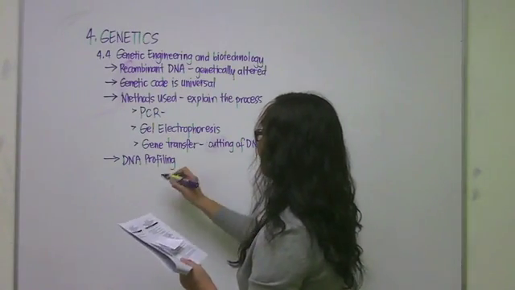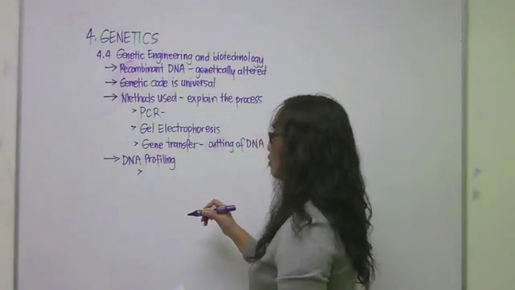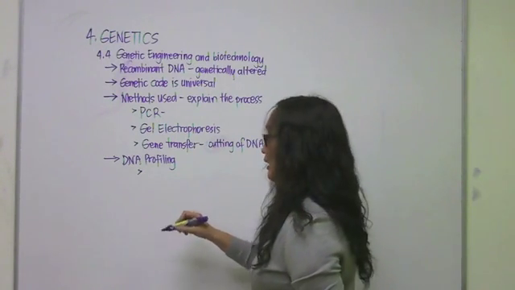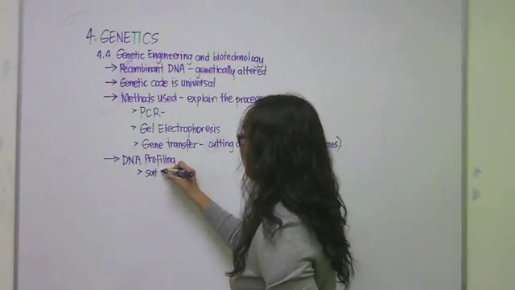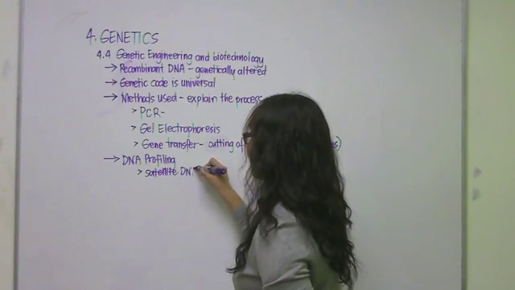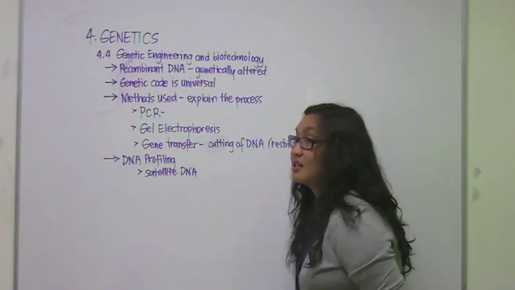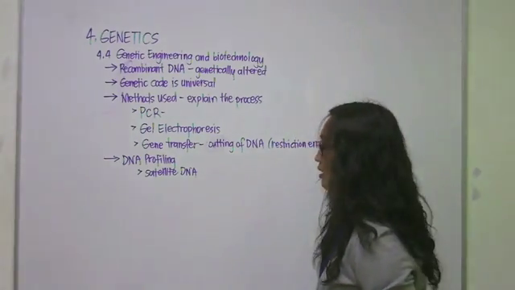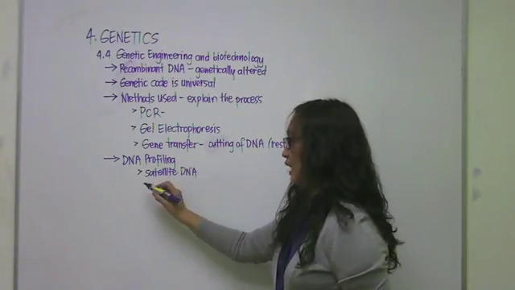Under DNA profiling, we have to highlight the use of satellite DNA. Satellite DNA are the intervening lengths of the DNA that do not code for a specific protein, so they're just like an excess of the DNA.